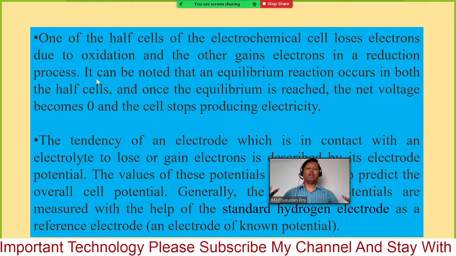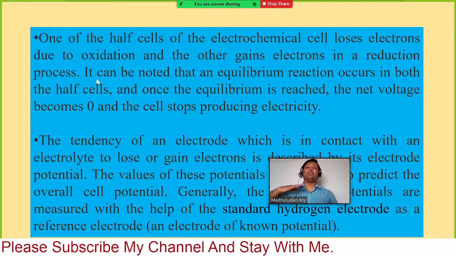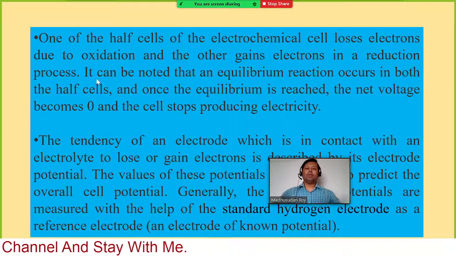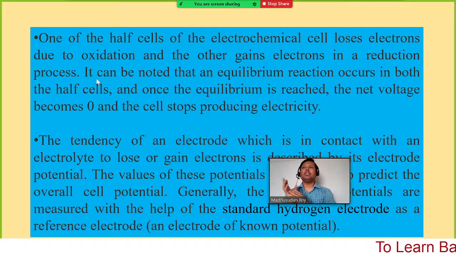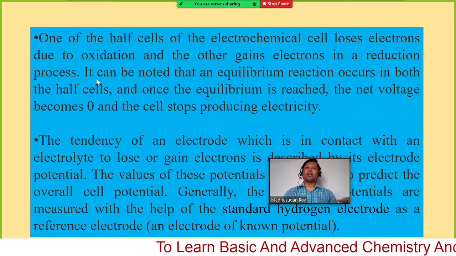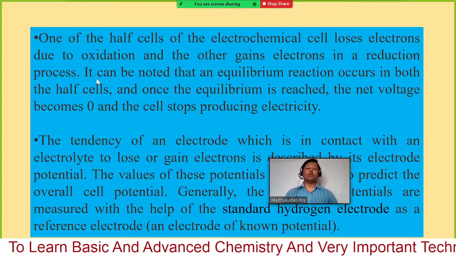As time passes, the ability to donate electrons and the ability to gain electrons become equal at a certain time, and that position can be considered as equilibrium.